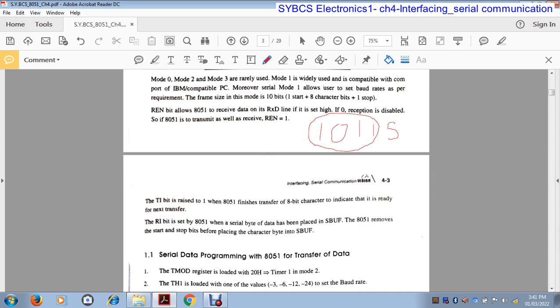First this start bit is sent, then the data is sent, and after the data is completed, one more bit is sent, which is the stop bit. So 1011 is our 4-bit data. Before this there is one more bit called the start bit, and after the data there is one more bit called the stop bit.